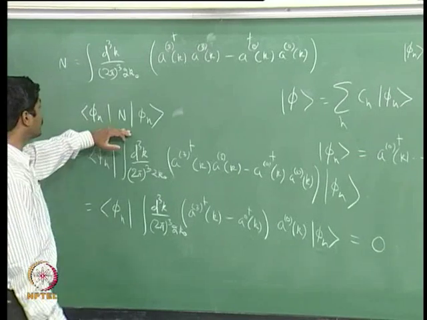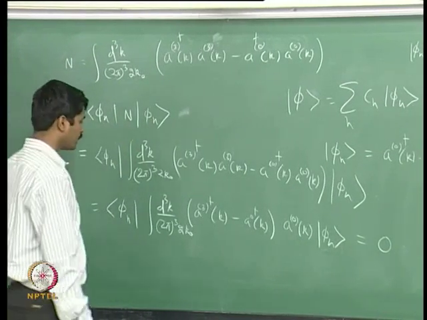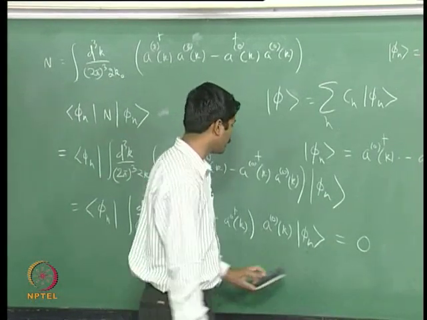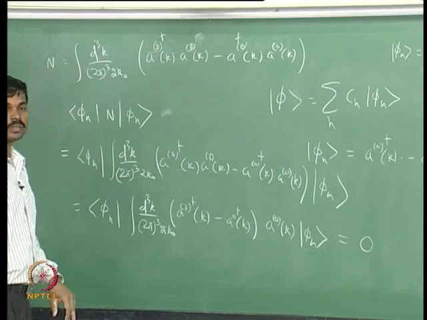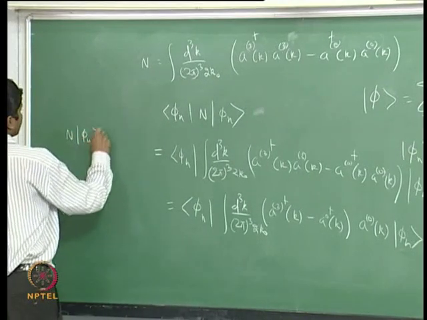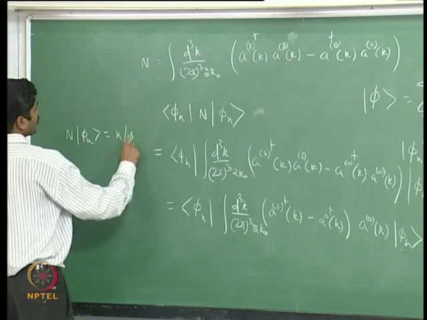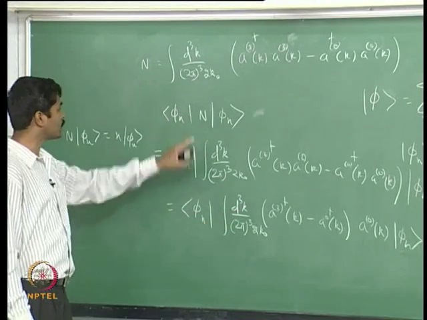So what does it mean? It simply means that if n is the number operator, then n acting on phi n is just n times phi n, right. But this calculation shows that this is equal to 0.